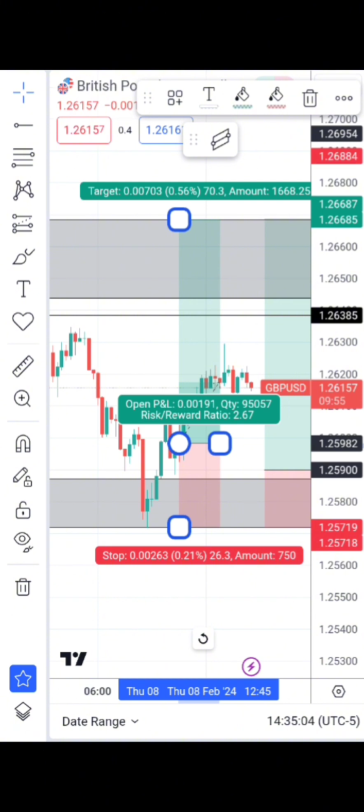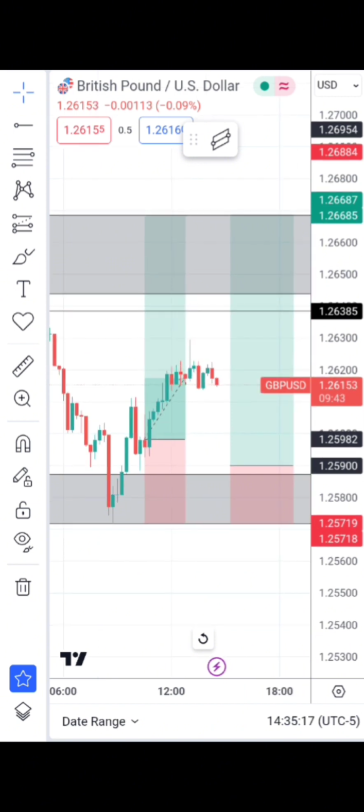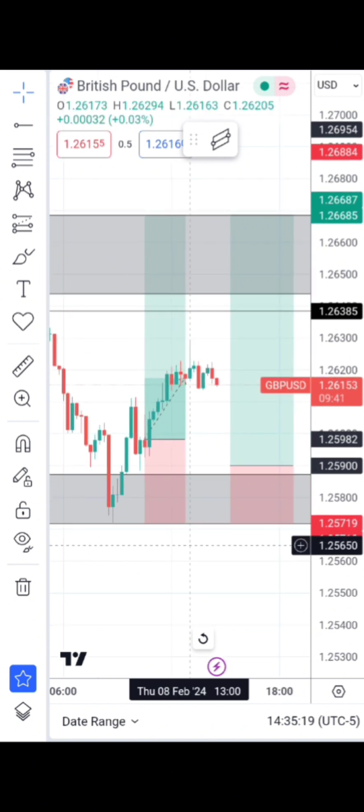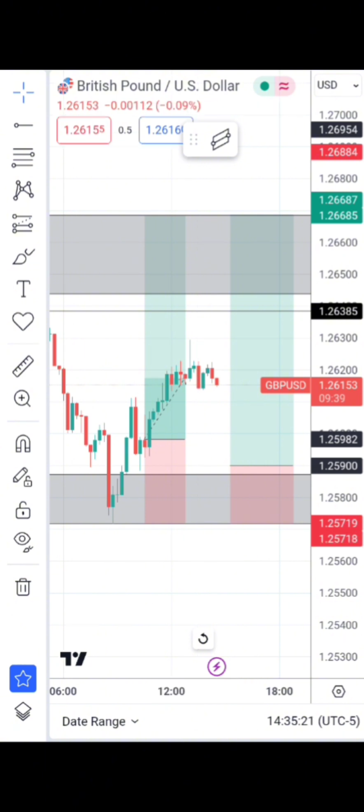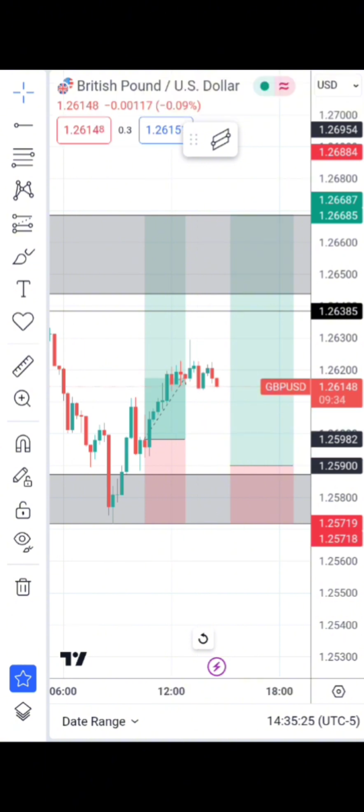So this was my first entry, targeting a risk reward of approximately 1 to 2.67 based on this first entry. I noticed that move late. My second entry is a buy limit order, which has not been triggered yet.